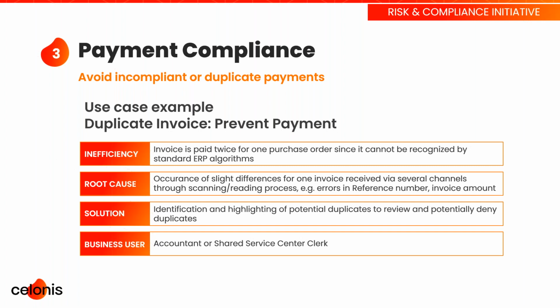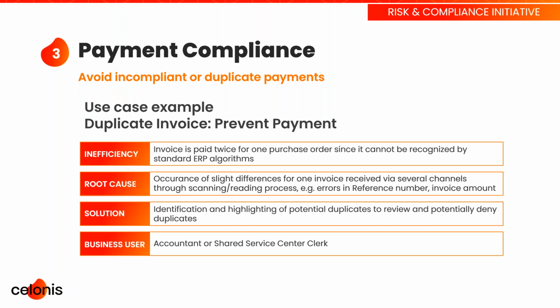So instead of $100.70, it might read $1,001.70. So you might have very small failures in the scanning process leading to 2 different invoices in your system. And the danger is that you do not recognize that and you pay the same invoice twice.